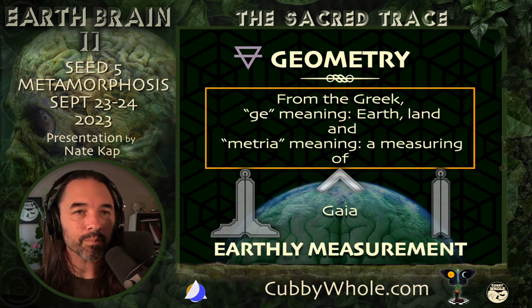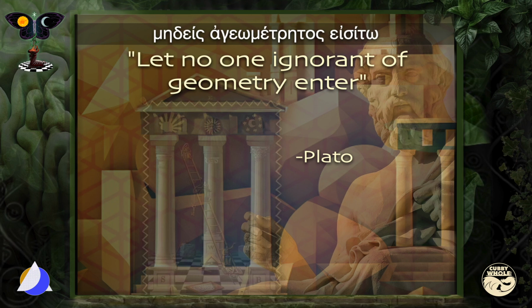Now, Plato, from way back in the ancient Grecian days, said, "Let no one ignorant of geometry enter," right outside the doorstep of the lodge that he was part of at his time. And this quote is really just an allegory, okay?